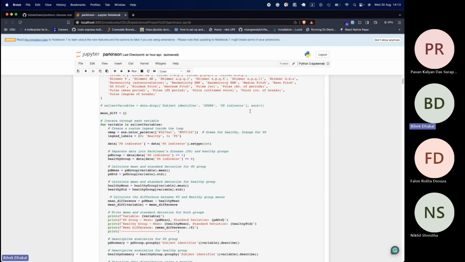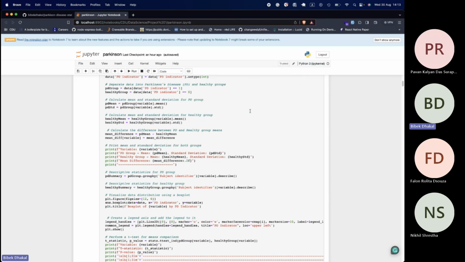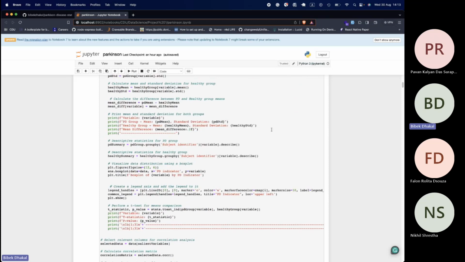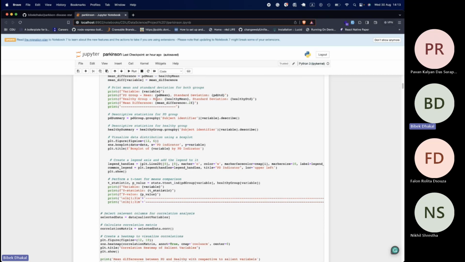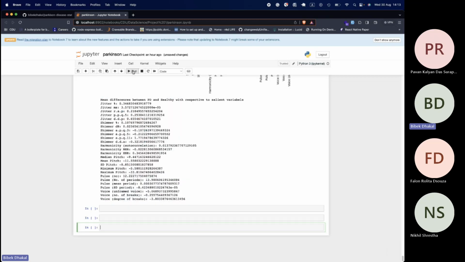Then we found the correlation as well and plotted those outputs in the graph and the heat map as well. So basically, we tried to analyze the Parkinson's disease data. I think this much for my part, but I will show you the output as well.